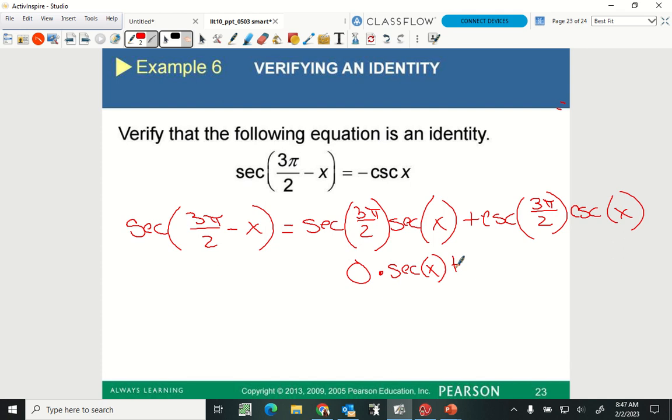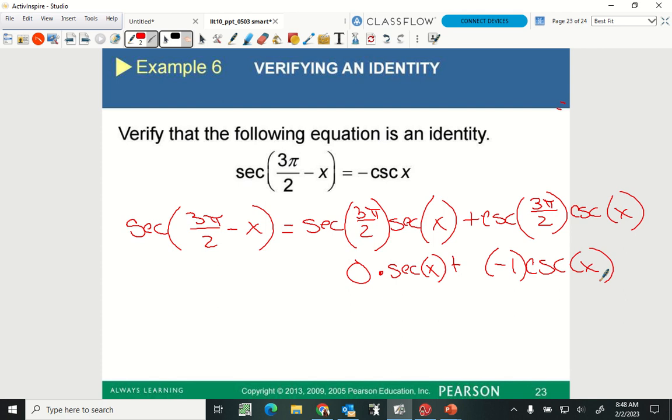What do you get? -1, because it's 1 divided by -1, which gives you -1. So all this is going to turn into -1 times CSC of x.